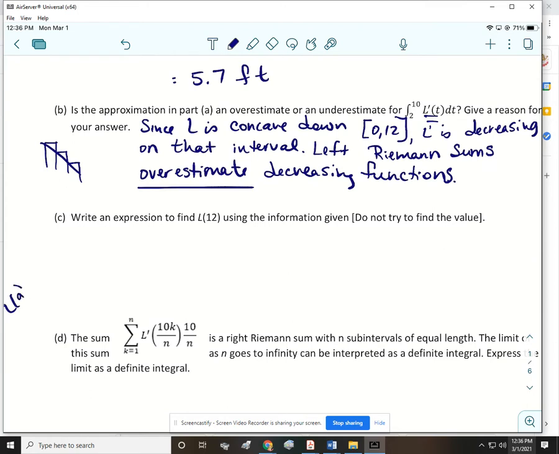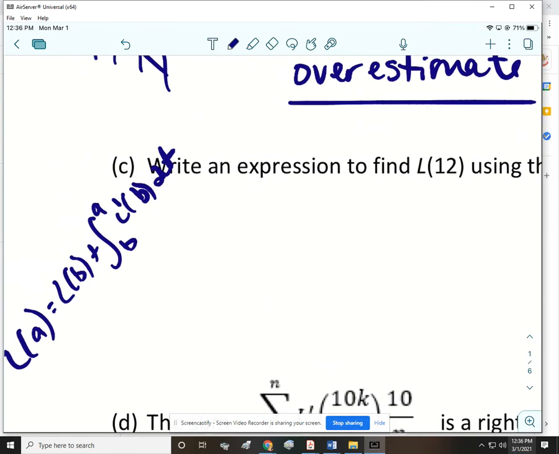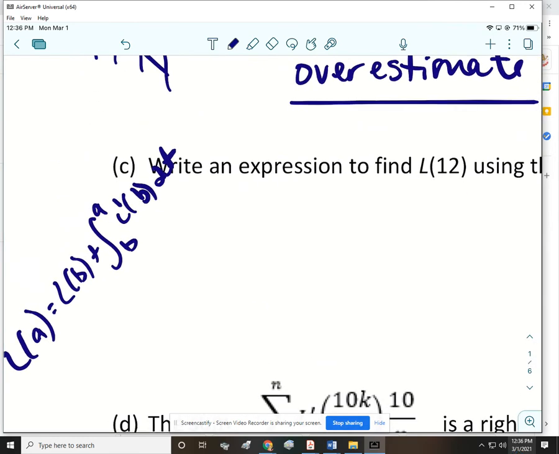We'll say A. You do L of B plus the integral, I should know the other way, of B to A of L prime of t dt or whatever. Do y'all remember that formula?